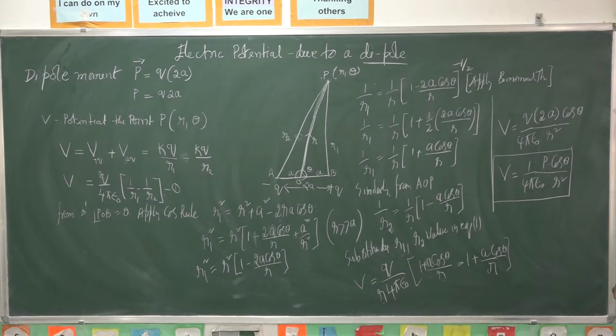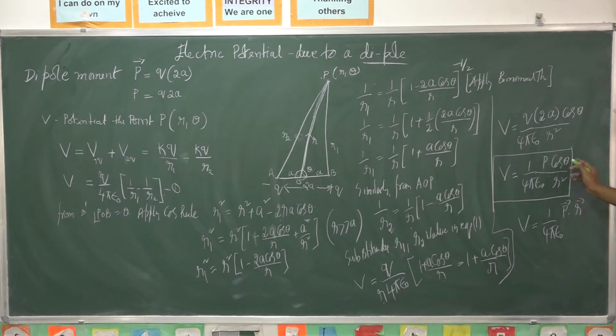Okay, so here this can also be written in vector form. V is equal to 1 by 4 pi epsilon naught, P cos theta, that can be written as P bar dot R bar. What is P bar dot R bar?